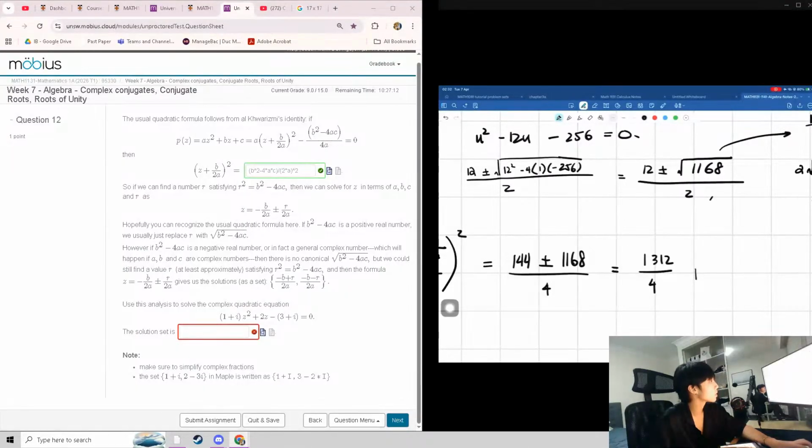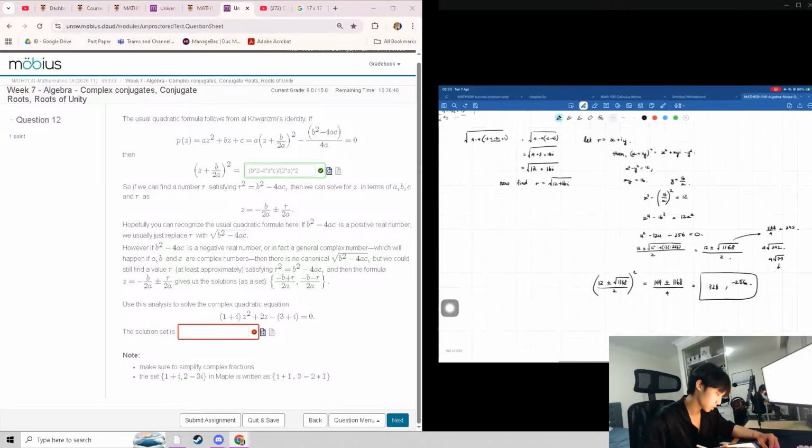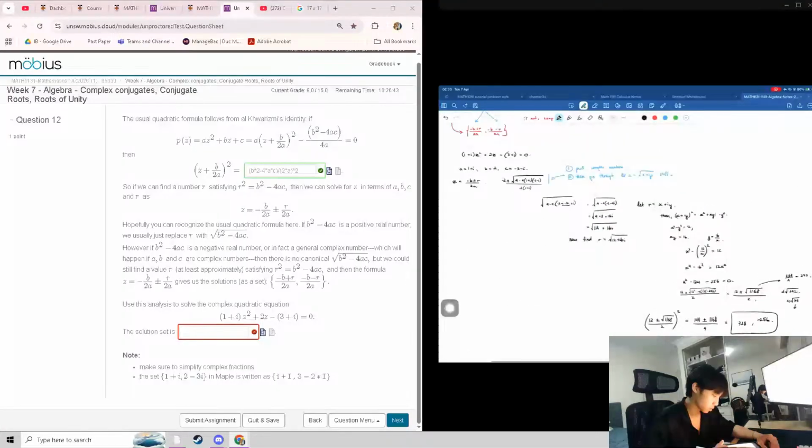What's the other one? 144 minus 1168. 256. Okay. 1312 divided by 4 gives me 328. Okay. 2 numbers. I've got 2 roots.